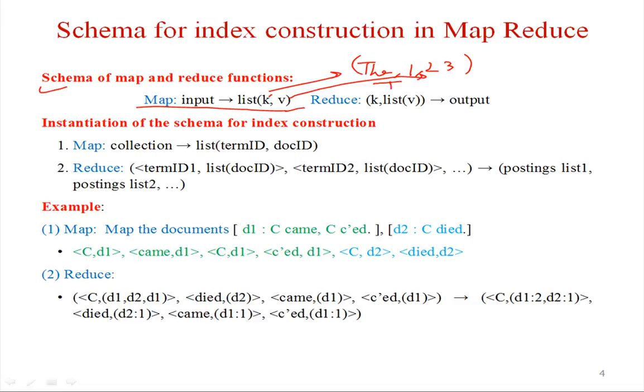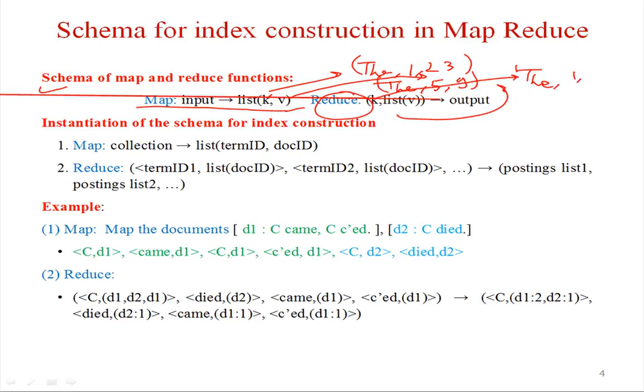Suppose there is another list where the term occurs in documents 5 and 9. Then the reduce function will combine them, so the term is represented by the list 1, 2, 3, 5 and 9. This is the reduced output.